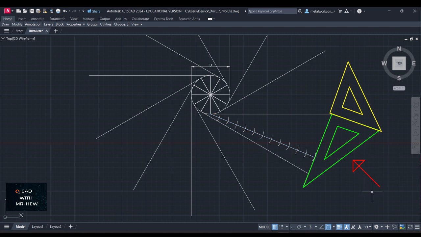Then the next step is to draw a line from the end of this point to the end of the line, and then you align one of your set squares on that line, the green one in this instance, which is the 30-60 set square.